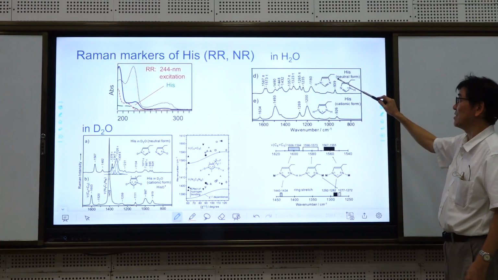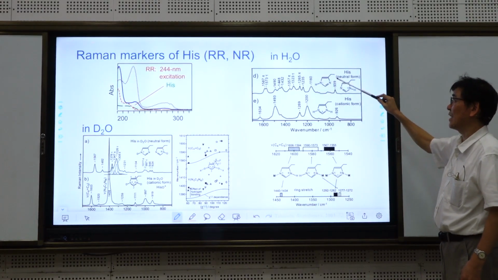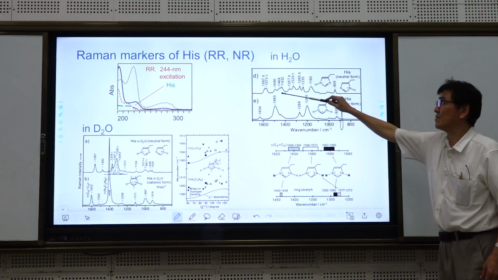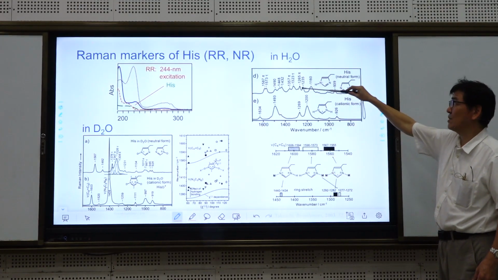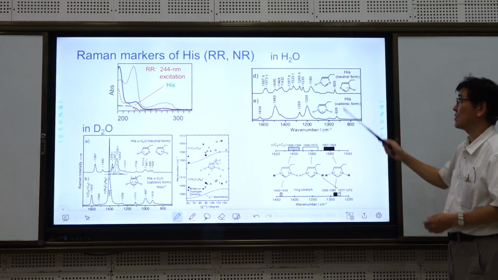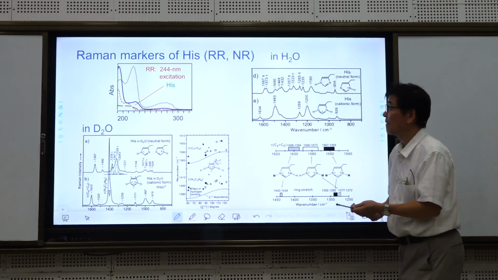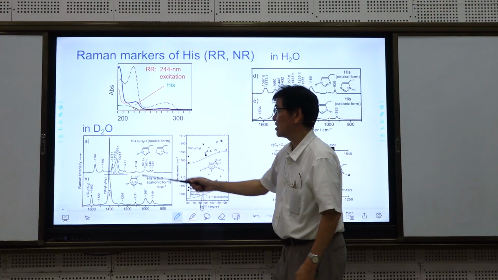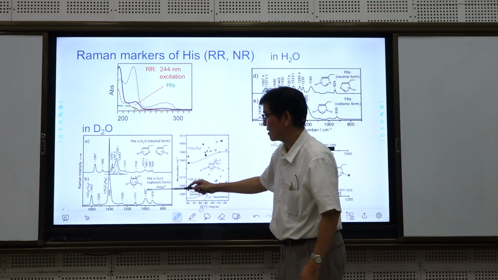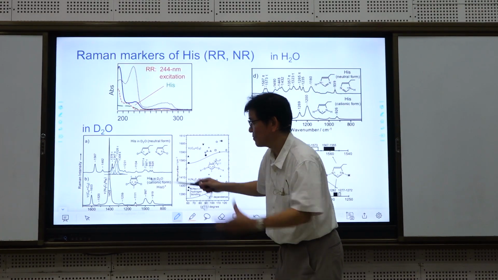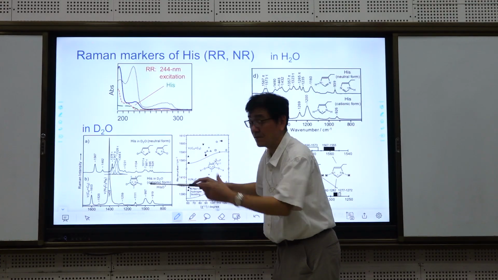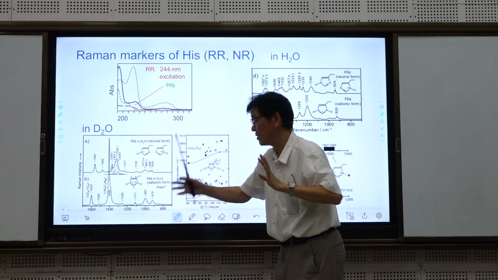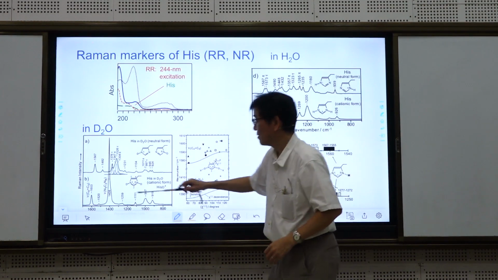But the problem is that histidine symmetry is not very high, so the histidine band gives only a weak Raman band, so careful measurement is necessary. The only exception is to measure in D2O. In this case, the coupling between the NCN bending and NH stretching is decoupled and disappears.